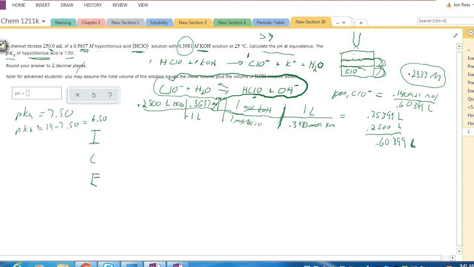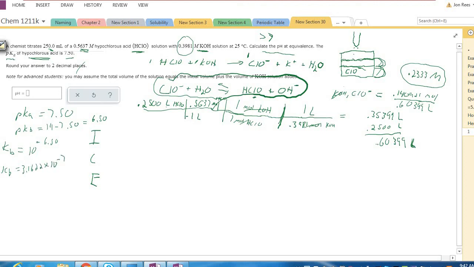Okay, and now I can calculate a Kb, which is going to equal 10 raised to the minus 6.50, and so my Kb is going to equal 3.162 times 10 to the negative 7th.